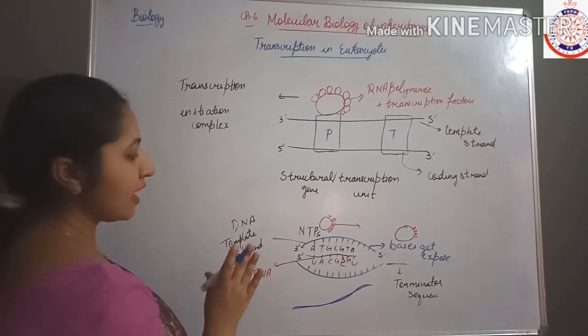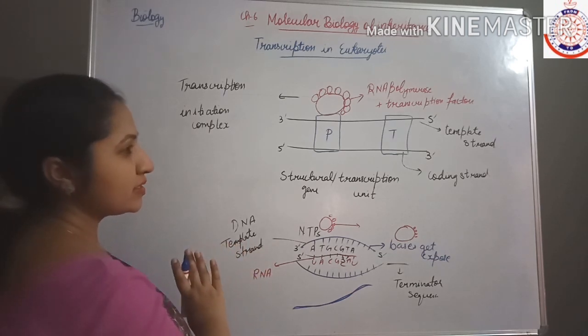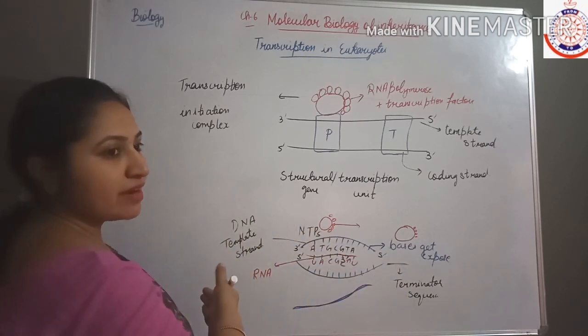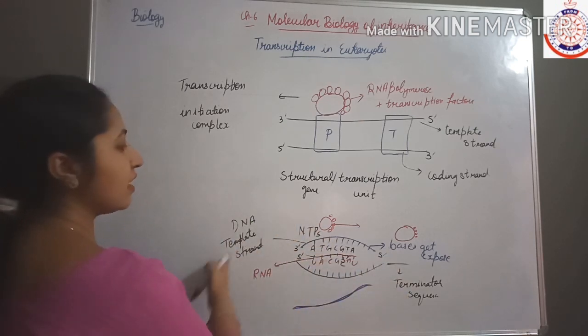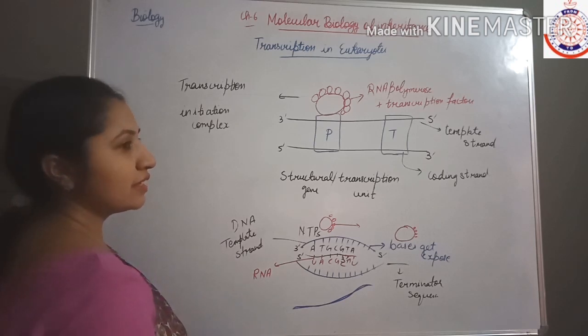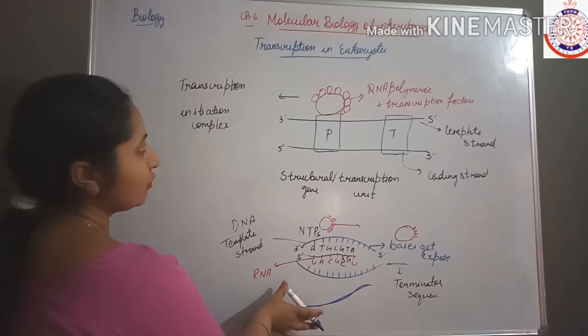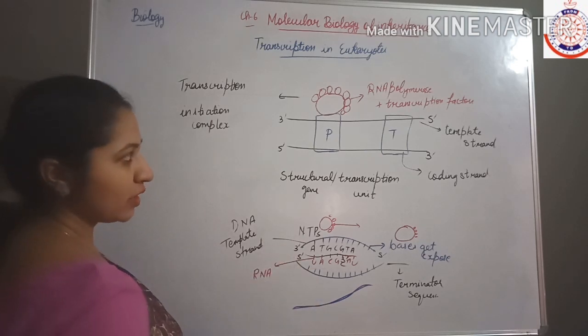And as the RNA polymerase moves over the DNA helix, the DNA strands just behind the RNA polymerase coil again. In this manner the RNA forms in case of eukaryotes.